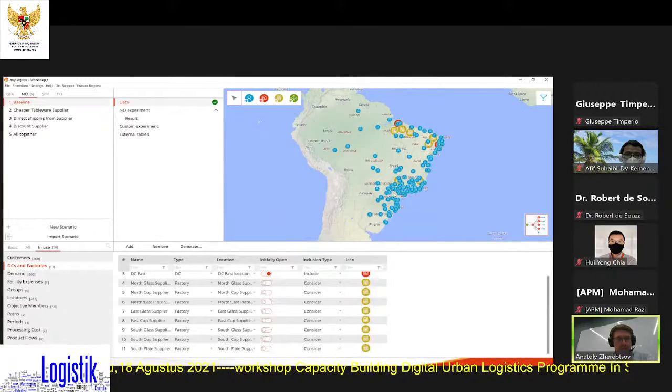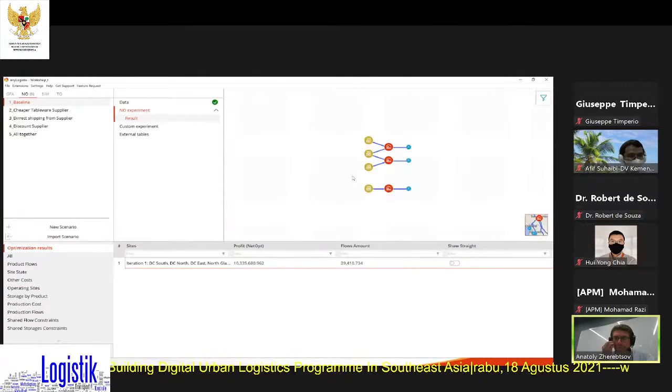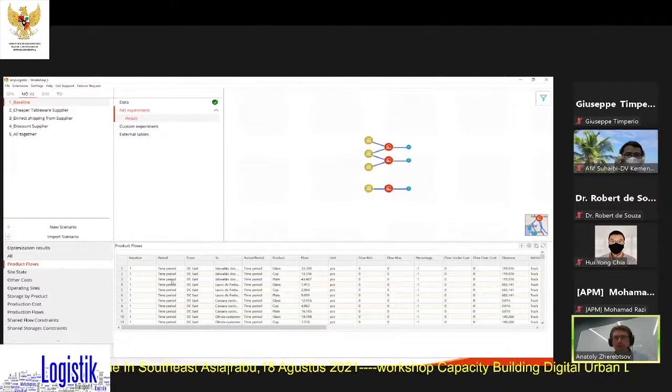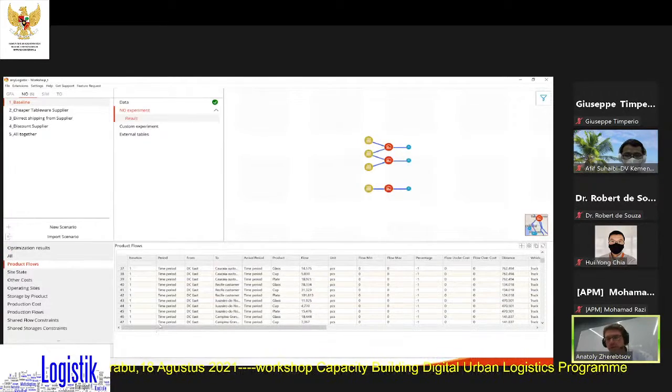So all the suppliers are included in the result, because based on the transportation cost, it appears that all of the suppliers make sense for us.